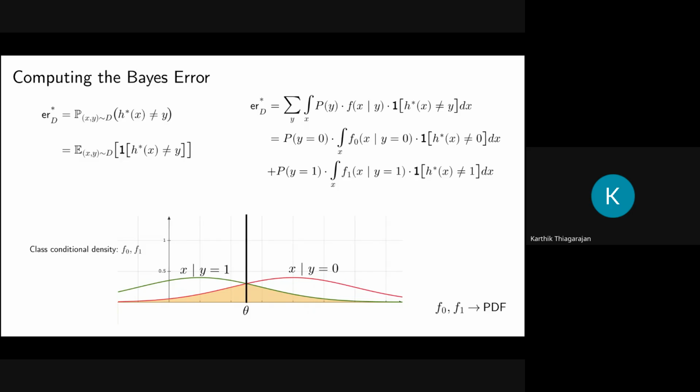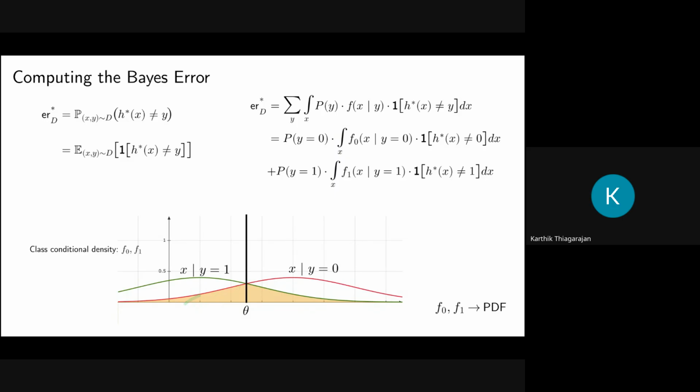The reason I have shaded this here is the indicator will become 0 in a particular region. For example, here the indicator is 0 because it's not misclassified. So this area is not really needed. This area will not be counted because the indicator will collapse this entire integral in this region. Let's call theta, say 10, so 10 to infinity will collapse for the first integral. The part that will be active for the first integral is this region.